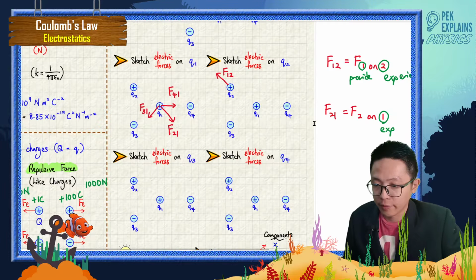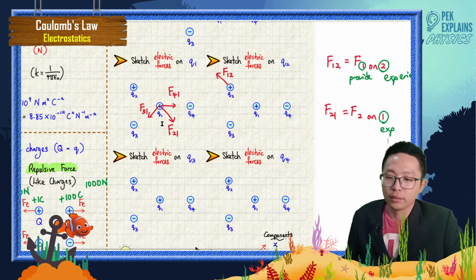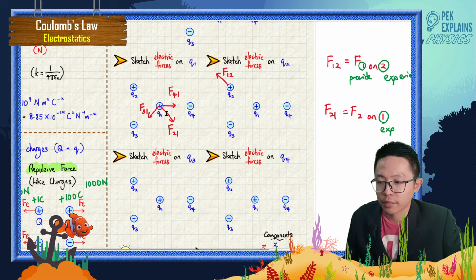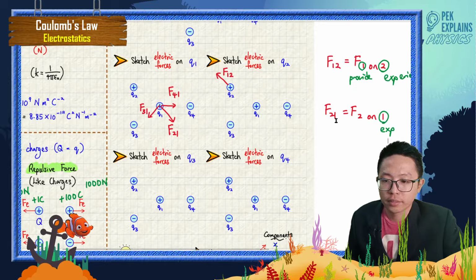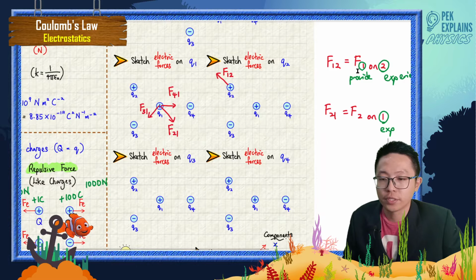Q1. 2 exerts on 1. This F12 is 1 exerts on 2.